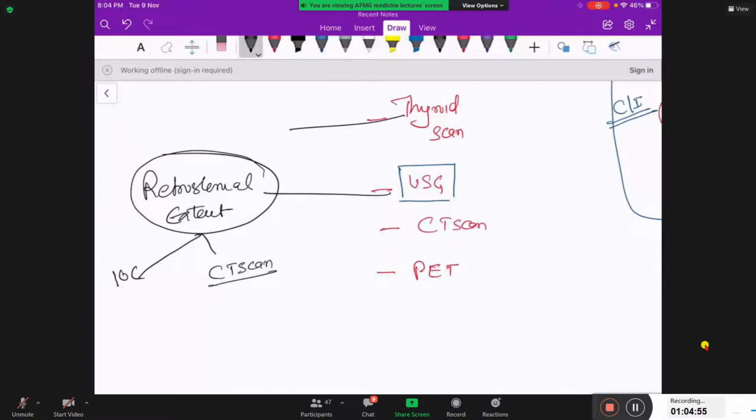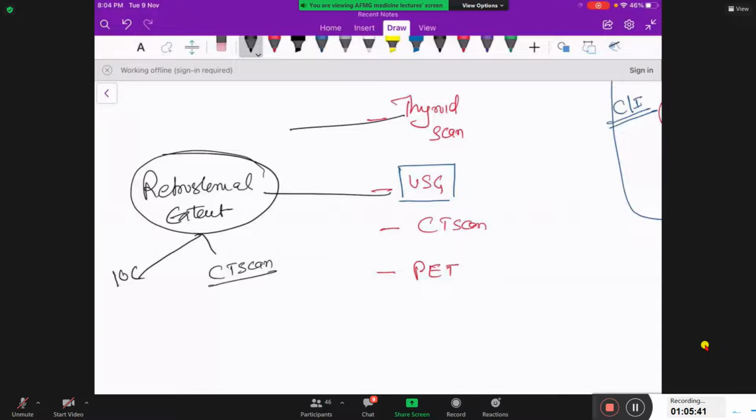As a rule, any swelling in the midline of the neck, if that swelling moves with deglutition, is considered a thyroid swelling until proved otherwise. Any swelling in the midline of the neck that moves with deglutition is considered a thyroid swelling.